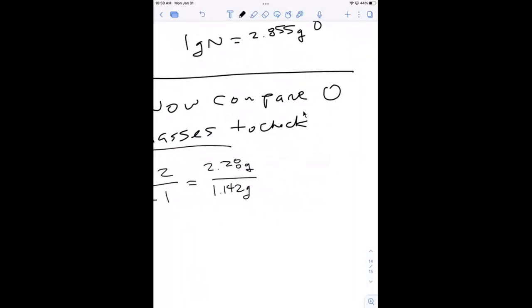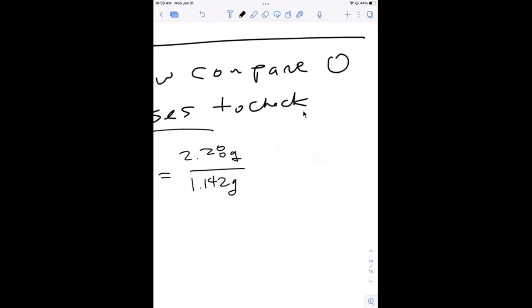You said 1.996. 2.28 divided by, hold up. It may have been 1.42. Let me make sure that I got the right number. I get something different. Say that again now.